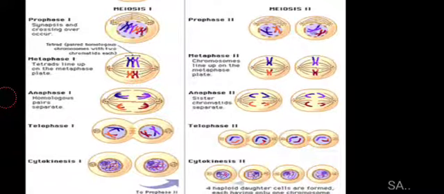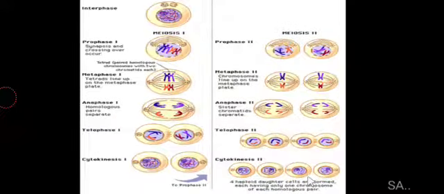In cytokinesis, the cytoplasm will be divided, and in the end we will have four haploid daughter cells. So this is how you see this parent cell is divided into four haploid daughter cells. This is the end of meiosis. I hope that you understood it quite well.